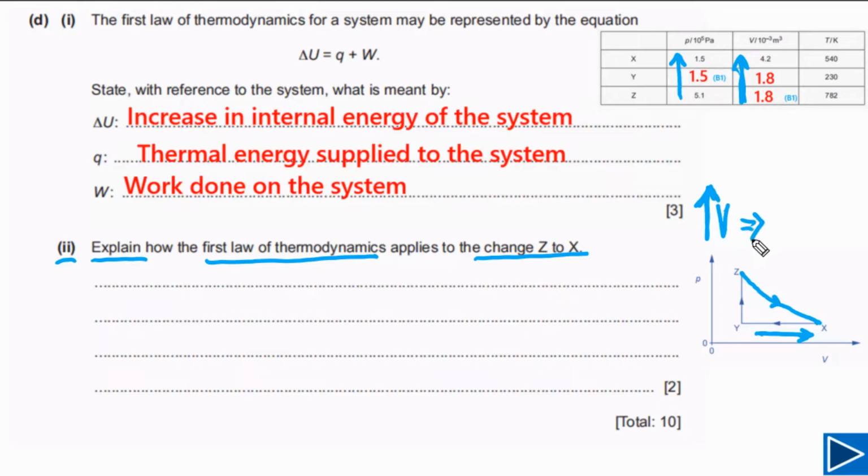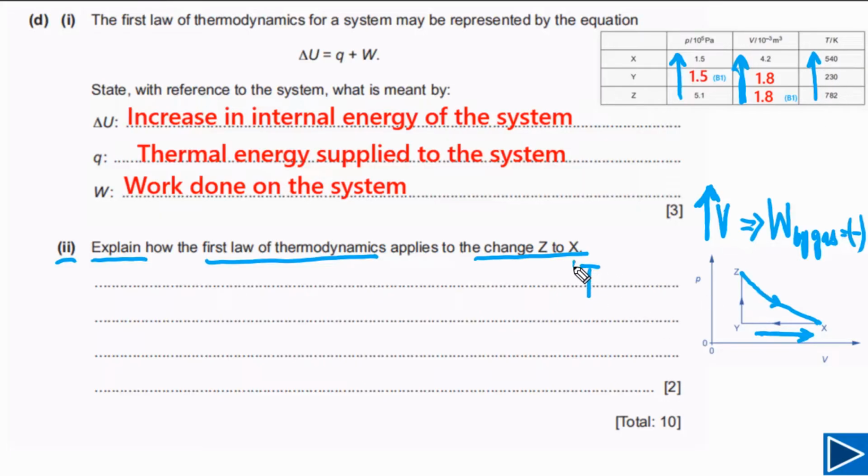If it is expansion, it means work is done by the system, or we can say work is done by the gas, and work done by gas is taken as negative. So this is one thing we can get from this PV diagram. Now let's look at temperature. If you go from Z to X, you can see the temperature is decreasing.